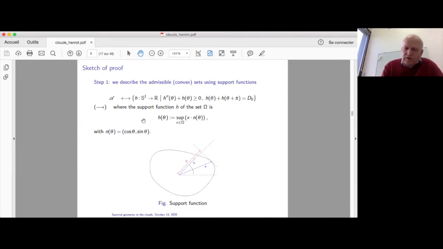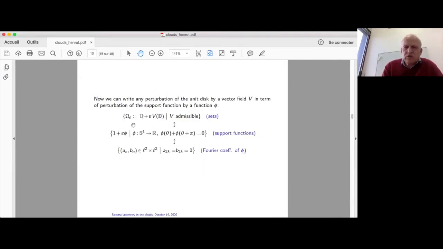So we work with support functions, and more precisely what we do is to consider perturbations of the disk which are generated by a function of the form 1 plus epsilon phi. So 1 is the support function of the disk, of course, and we perturb it by a function phi which satisfies phi of theta plus pi equal to 0 in order not to change the diameter.